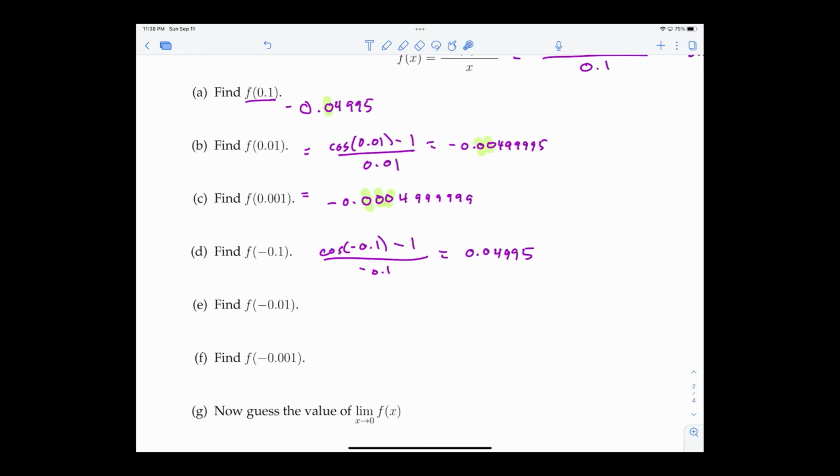It's the same answer as up here, but this one's negative and the one down here is positive. And that's going to go for all of these. So I'm just going to fill them in. You can calculate them if you want.